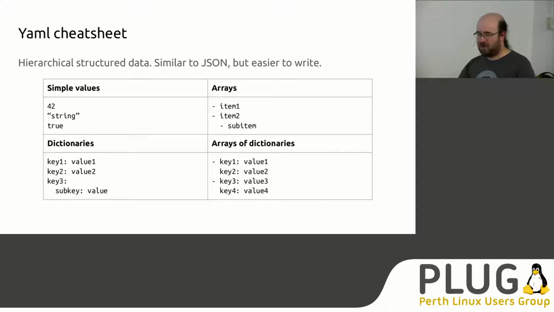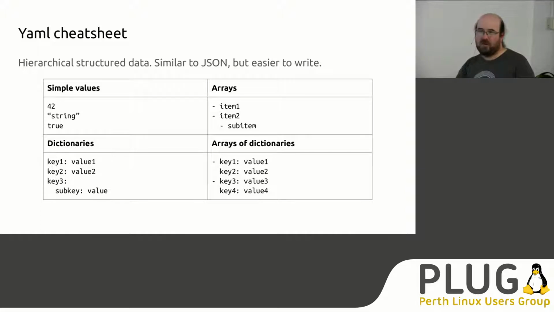So you can have integers, floating point numbers, strings, Boolean values, and dictionaries of key value pairs, which is the kind of information you'll often find in the metadata at the start of the page.